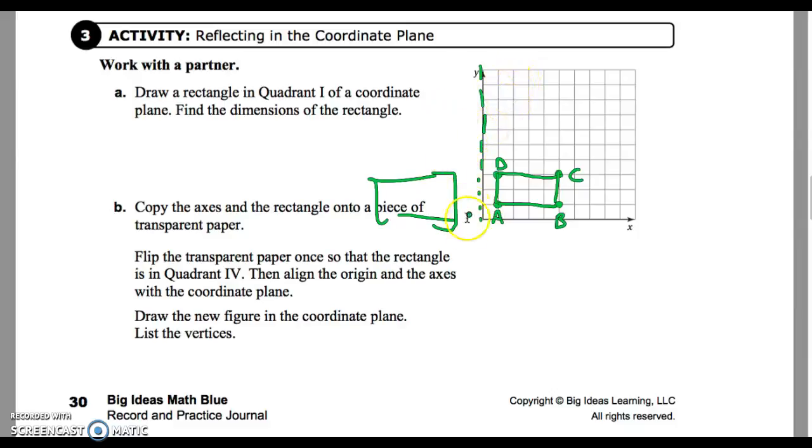Make sure that you line up your y-axis, your x-axis, and make sure your origin lines up exactly. And then you're going to trace this new shape over here and then label the vertices. So go ahead and pause the video for a second, get that done, and then I'll show you a picture of what it should look like.